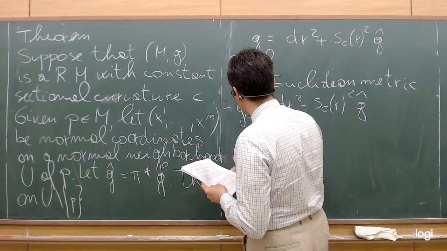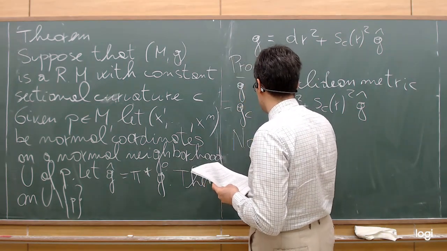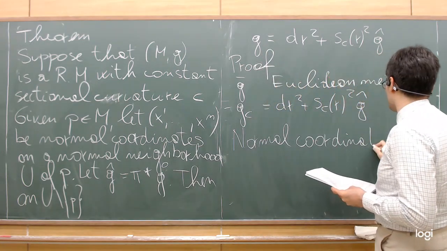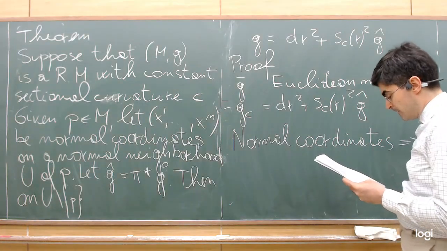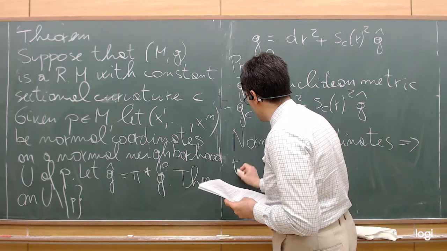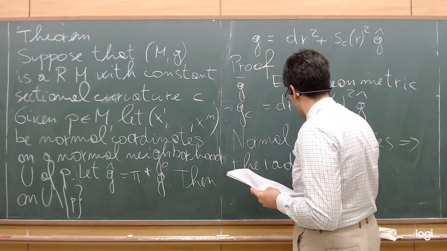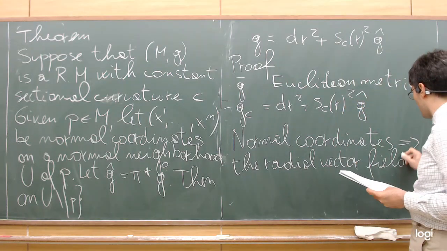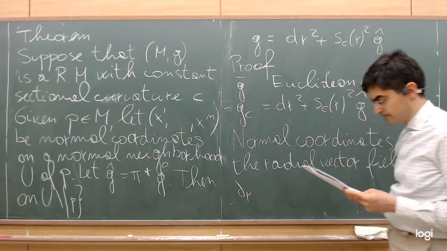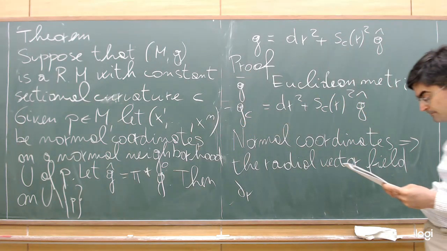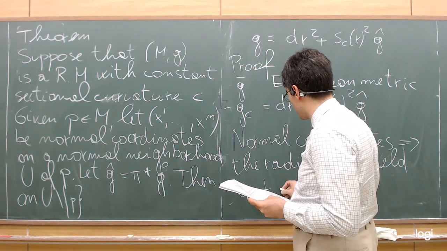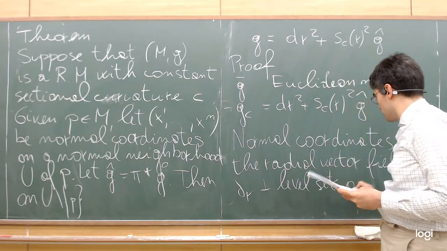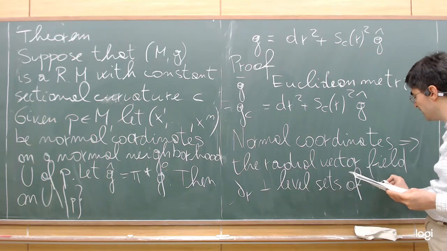So we know that if we use normal coordinates, the radial vector field delta r, by the Gauss lemma, is orthogonal to the level sets of the function r.